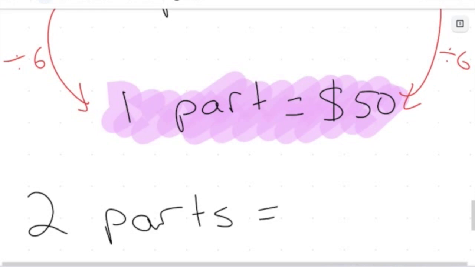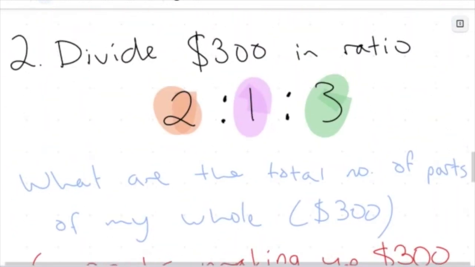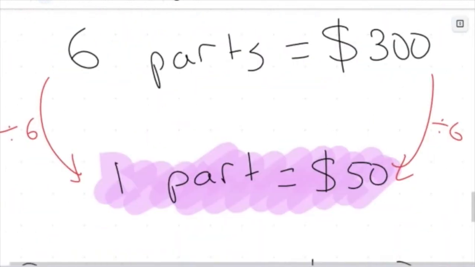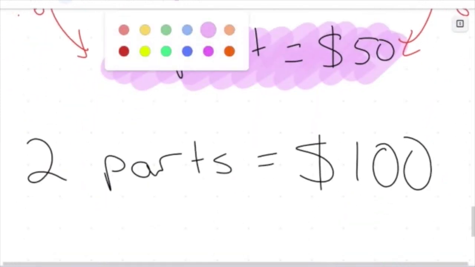And I can do that by taking what I already know about the first part, which was $50, and just doubling that, multiplying that by 2. So I get 2 parts as $100. Now let me color coordinate this. This is in orange. This is how much my other friend got.